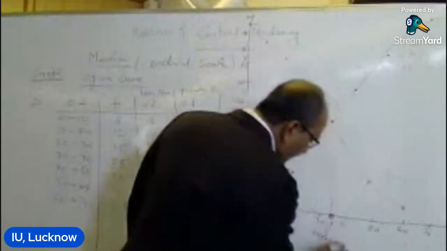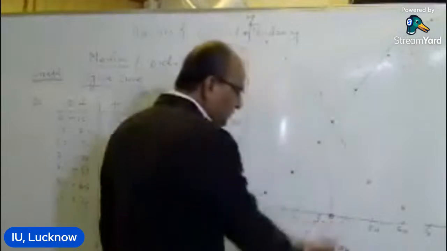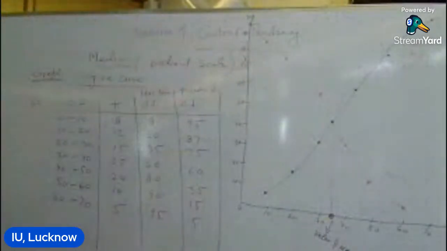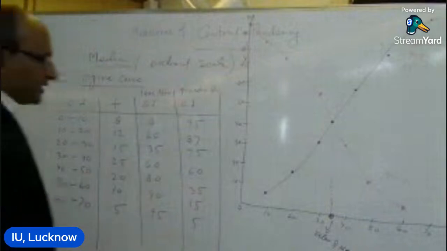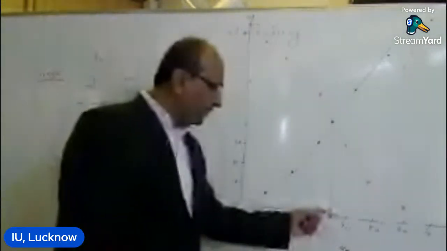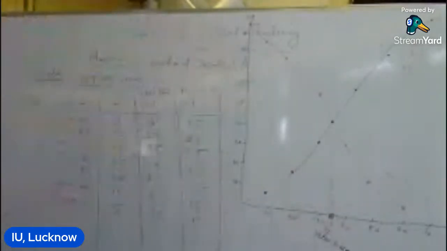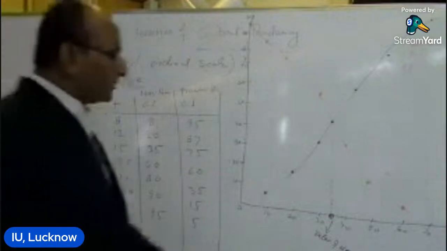The value of median will lie between 30 to 40. If you draw on graph paper, you will find the exact value of the median. So you can find the median directly using the graph.